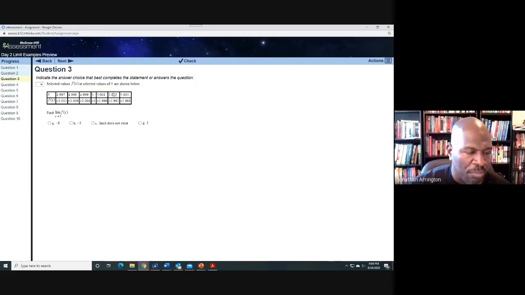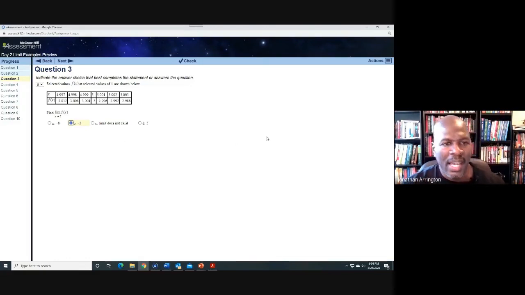And from the right, again, these f of x values seem to be approaching negative 3. So the answer is negative 3. Not because f of 5 was negative 3, but because f of x became arbitrarily close to negative 3 as x approached 5 from the left and the right.